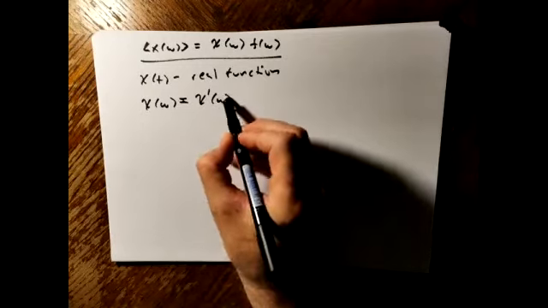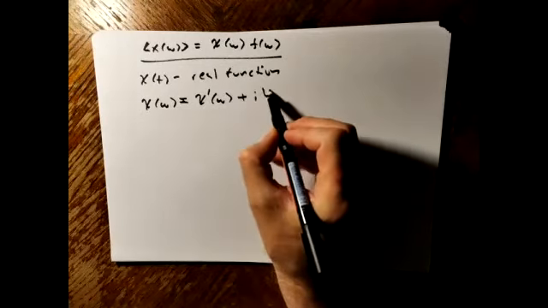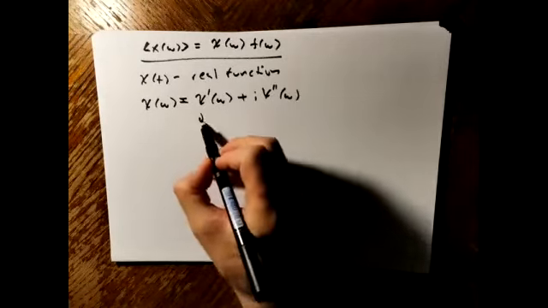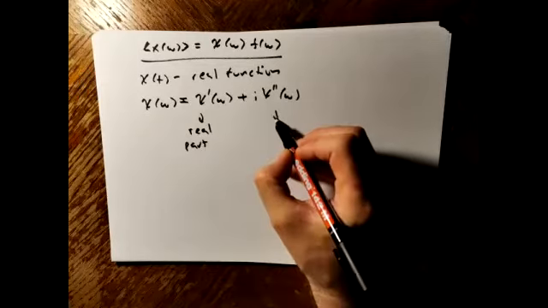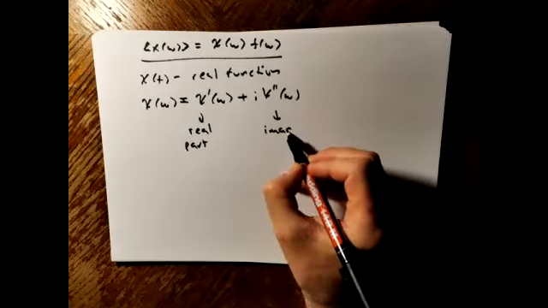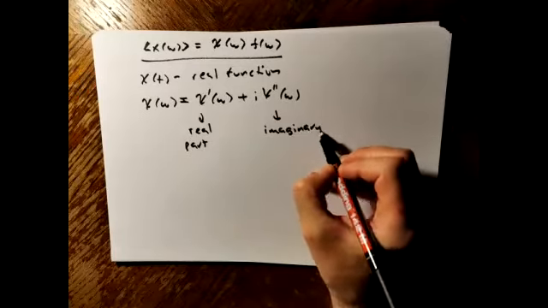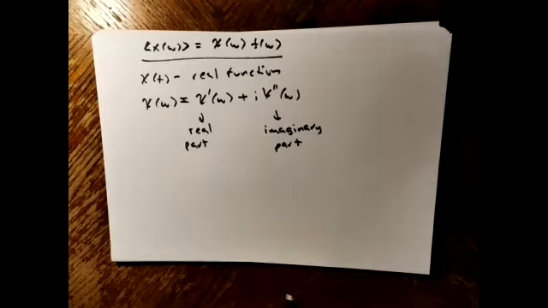And we can write, this is the usual notation that's used in this business, this is the real part, and this here is the imaginary part with the double primes. And what the Kramers-Kronig relations establish is a relation between the real part and the imaginary part.